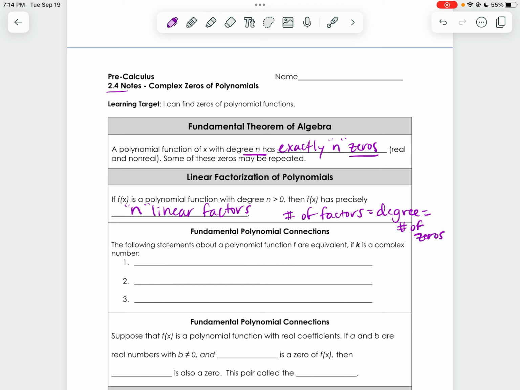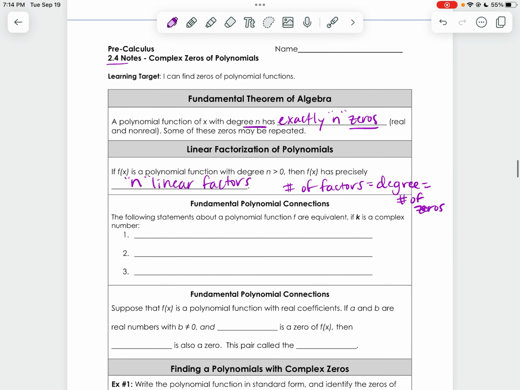All of those things can mean the same thing. The degree tells you the number of zeros, which also tells you the number of factors. Three statements, if you have a polynomial function, that all mean the same thing. So these would all be equivalent.